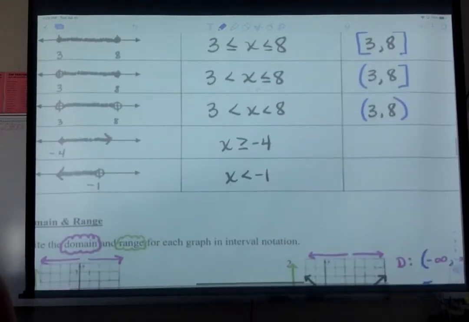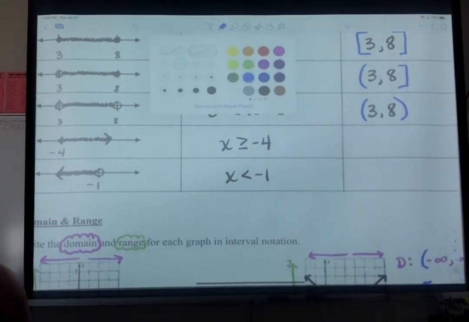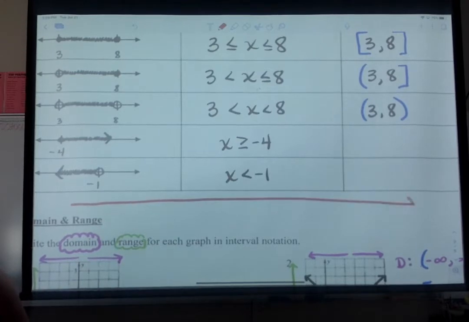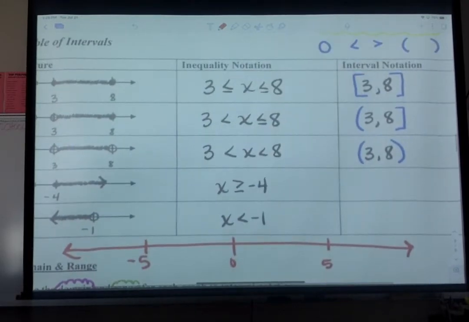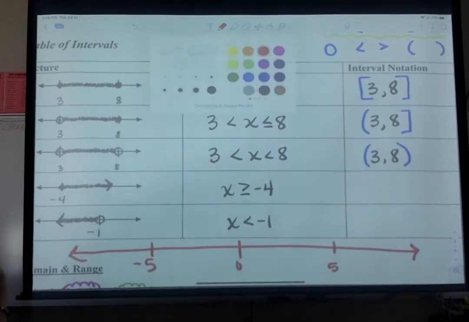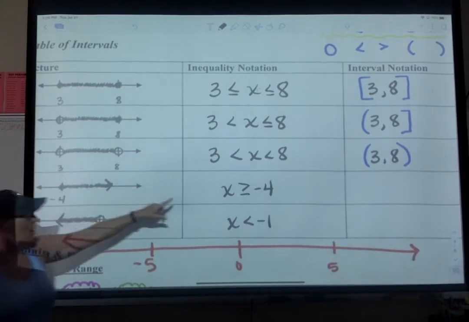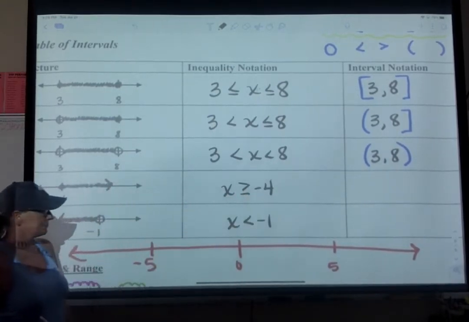Now, for the next 2 problems, I kind of want you to picture a number line. So here's a number line. All right. Now, this one says all values greater than or equal to -4.